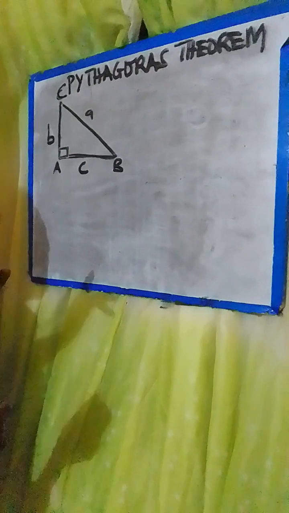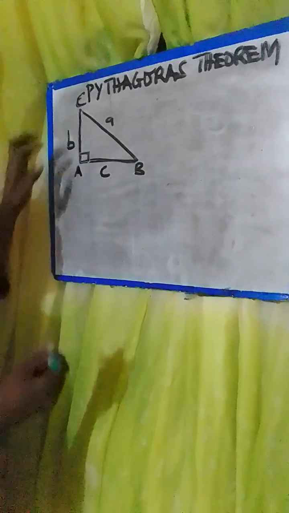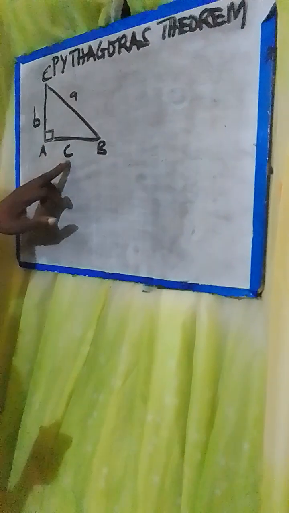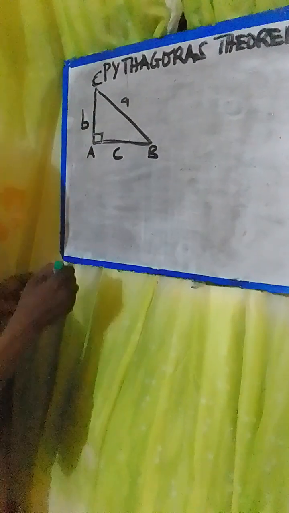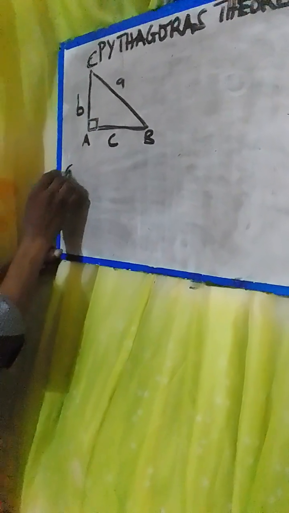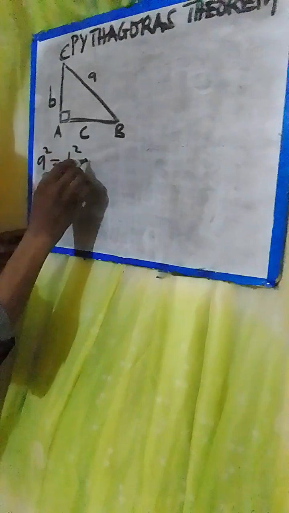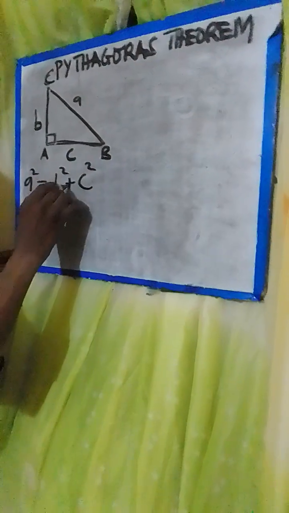So now, what is this theorem all about? If you are given two sides, say side B and side C, without an included angle, and you are asked to look for side A, you are going to say A squared is equal to B squared plus C squared.